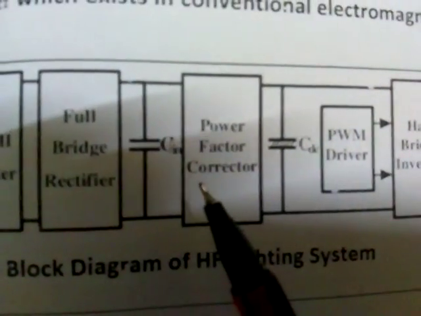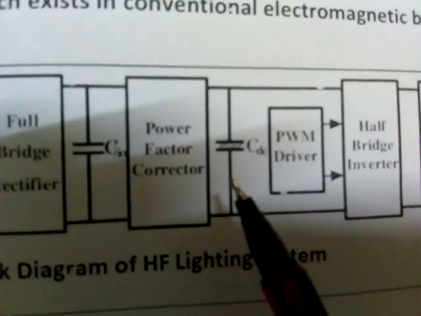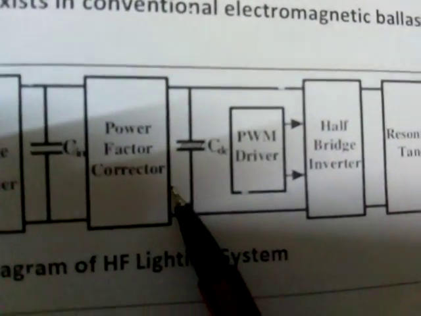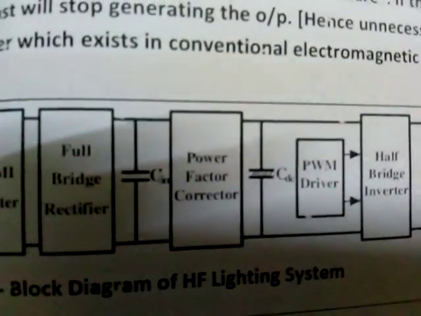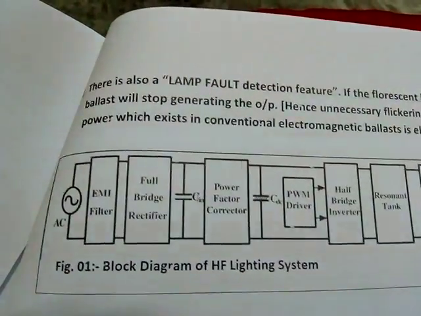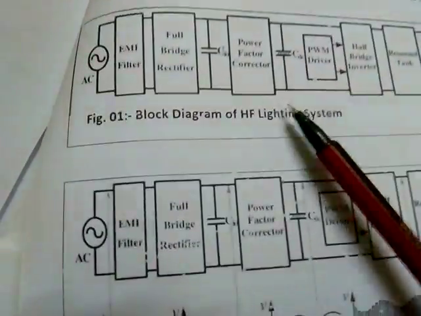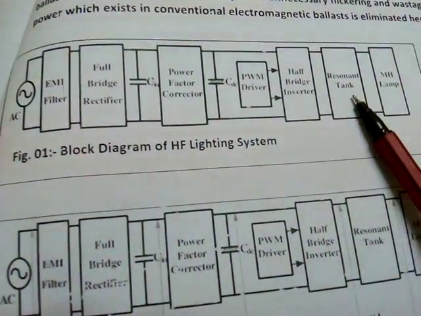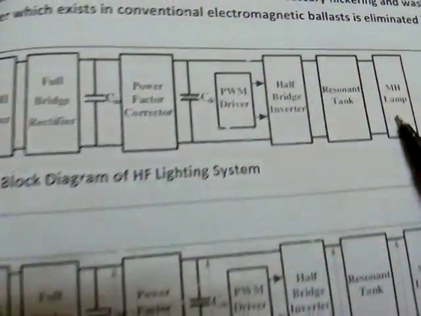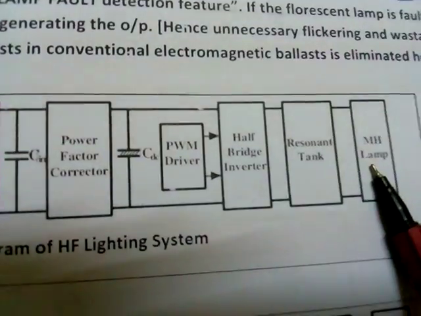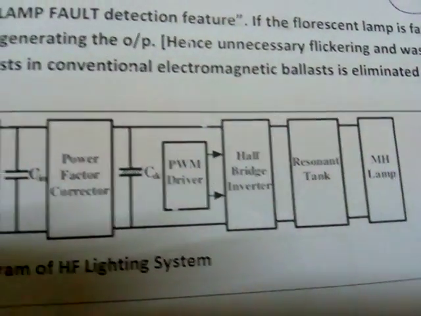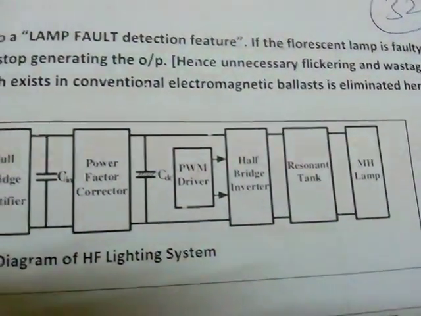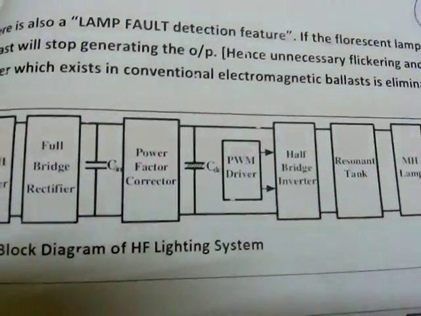Then we have a power factor corrector to improve the power factor. The rectified DC is then given to the inverter. We get AC again, which is given to the discharge lamp, say a metal halide lamp. You have sodium vapor lamps, all these things are there.